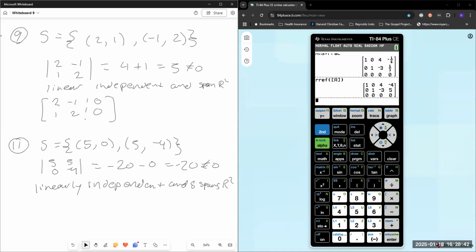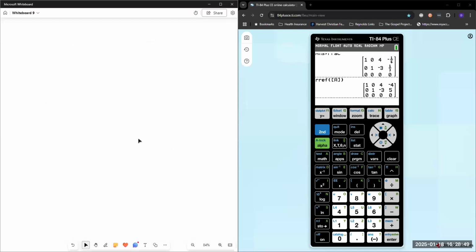So look at number 13. S equals, and they only give me one vector here, negative 3, 5. It should be obvious that that's not enough for me to span R2.